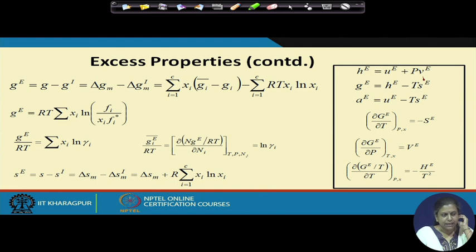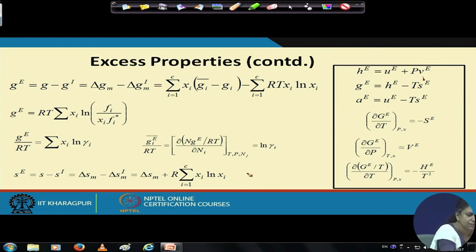It is important for you to recollect that just like we had done for ideal solutions, we can always find out the excess entropy change of the solution. What is it going to be? This is nothing but equal to H E minus G E, over T. Recollect that G equals H minus TS. So, therefore, S will be equal to H by T minus G by T, right.